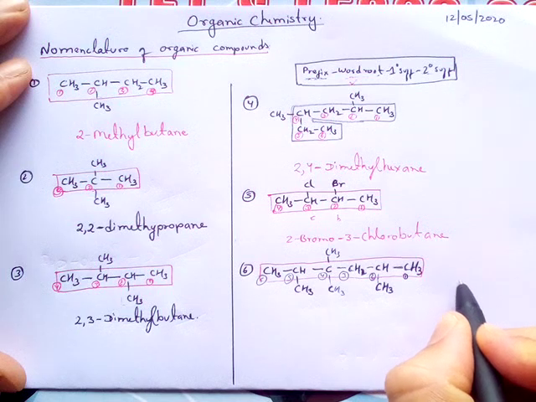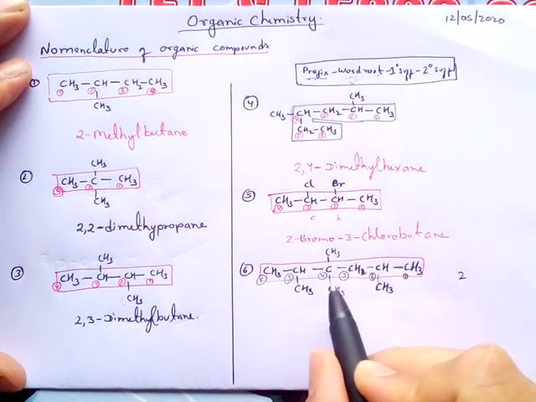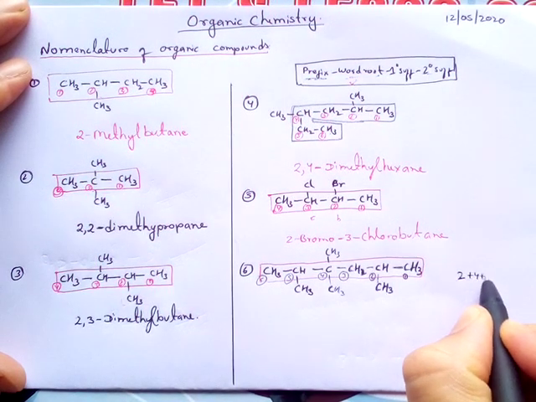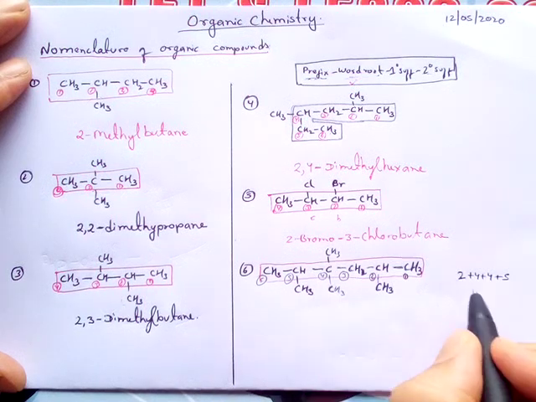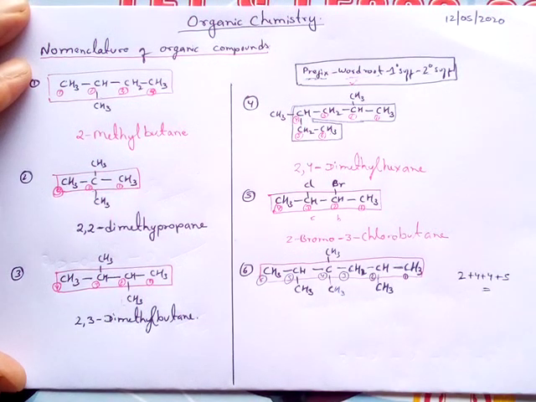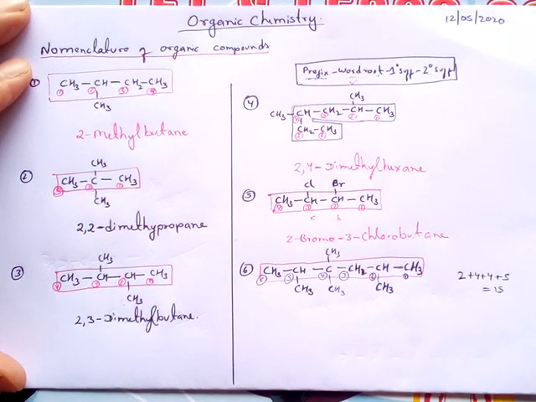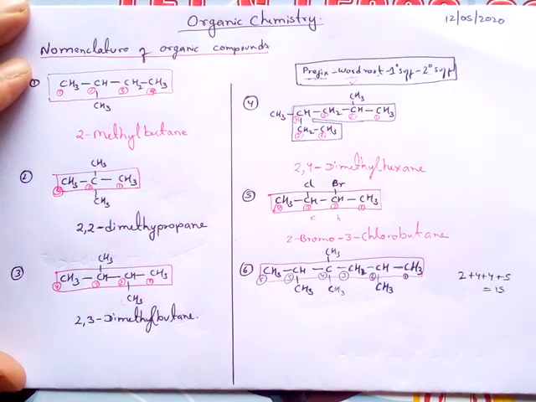So it's a 2, you have to add the positions of the substituents. So 2 plus 4 plus 4 plus 5. So 2, 4, 4 and 5, right? So this gives you how much? 15.